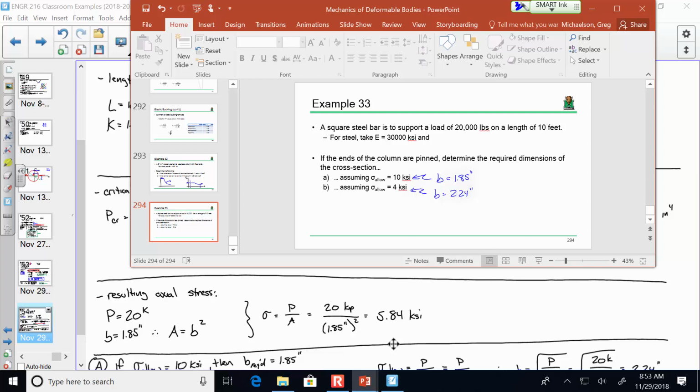Now, one interesting thing about buckling: what if instead of assuming sigma allowable is 10 KSI, sigma allowable was 100 KSI? Would this value change any? You could make it smaller. No, because it's going to buckle elastically. Remember, this 1.85 had absolutely nothing to do with allowable stresses. Does that make sense?